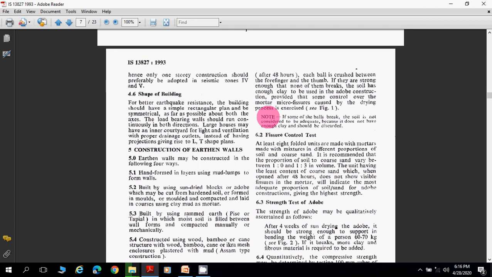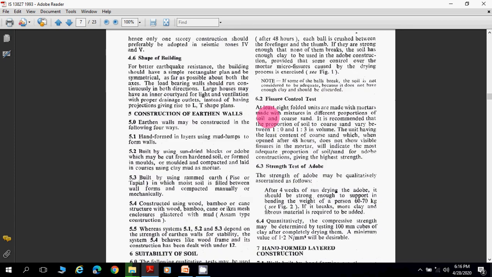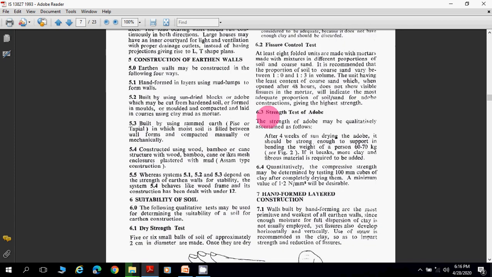After 48 hours, if the blocks with a minimum proportion of soil and sand do not show any fissures or cracks in the mortar, then that indicates a good soil and sand mixture for adobe construction, having the highest strength.